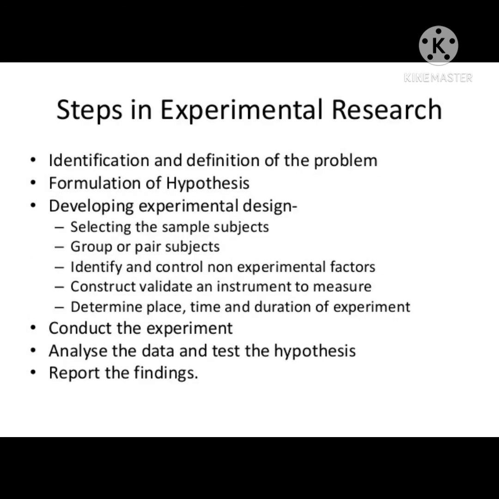Steps in experimental research: identification and definition of the problem, formulation of hypothesis, developing the experimental design, selecting the sample subjects, group or pair subjects, identify and control non-experimental factors, construct and validate an instrument to measure, determine place and time, duration of the experiment, conduct the experiment, analyze the data and test the hypothesis, and report the findings.